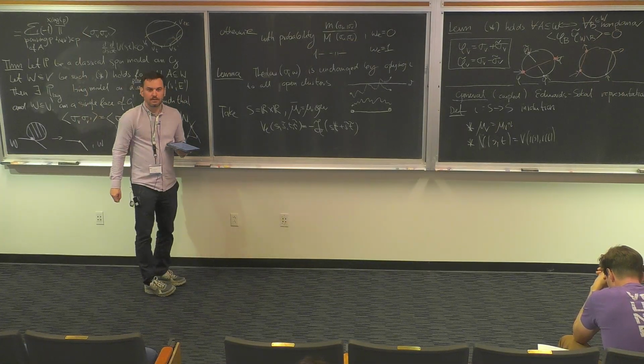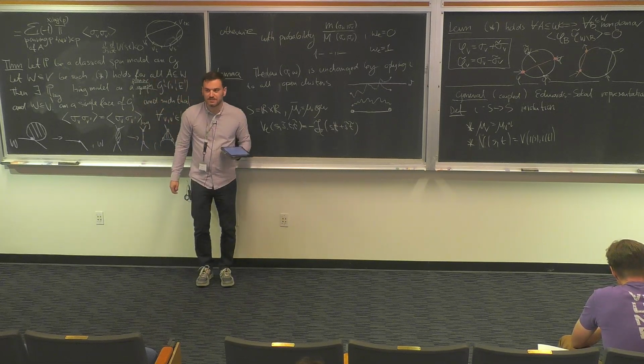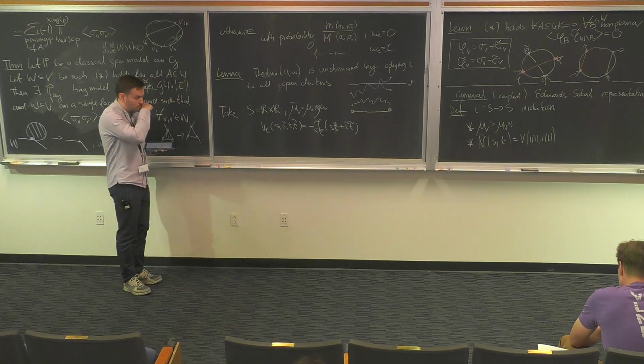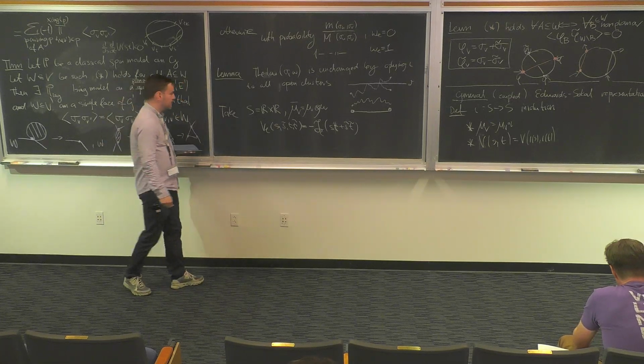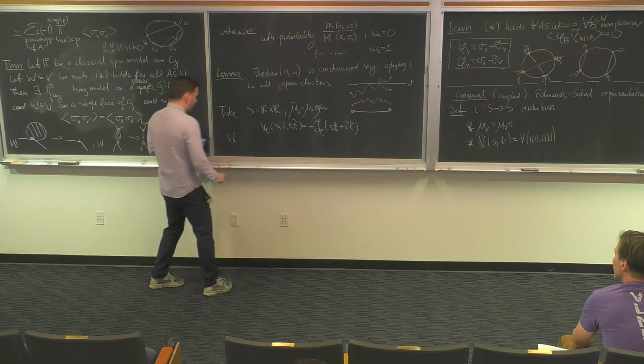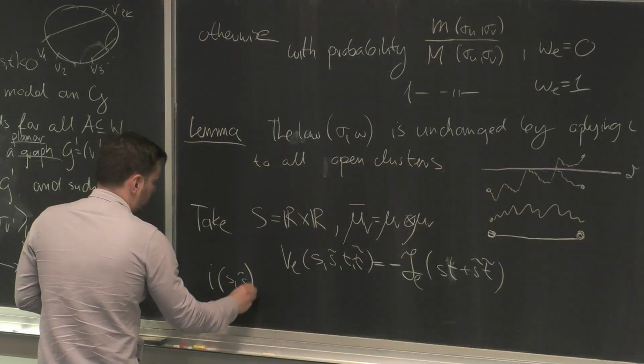Okay. What involutions of that system are very natural? It's a map now from this product space.